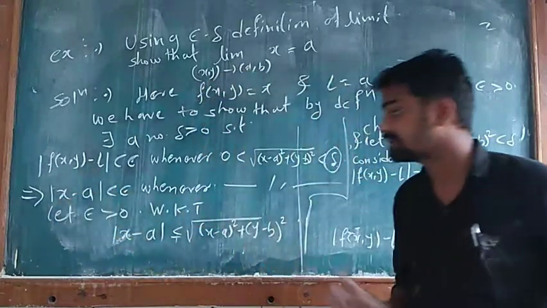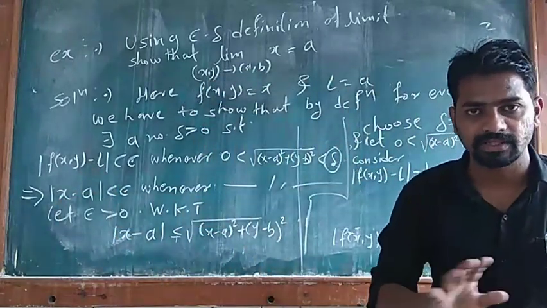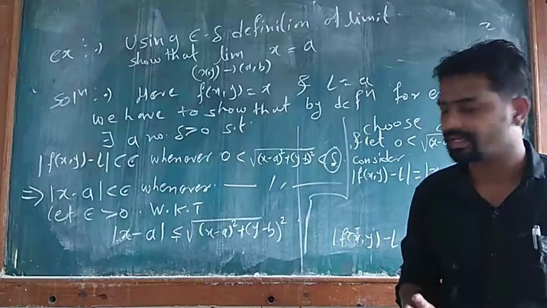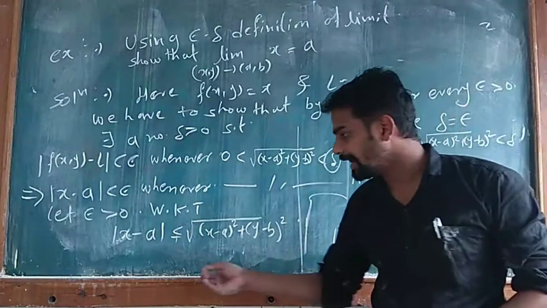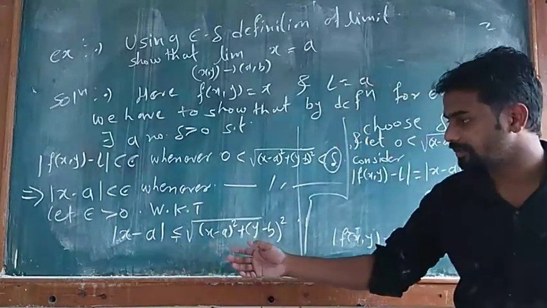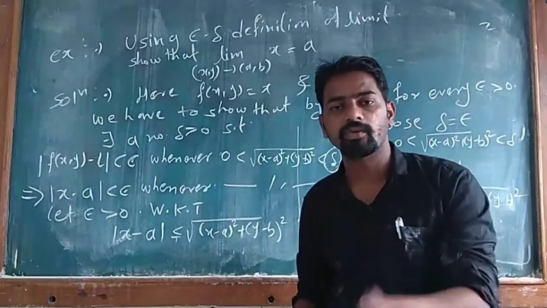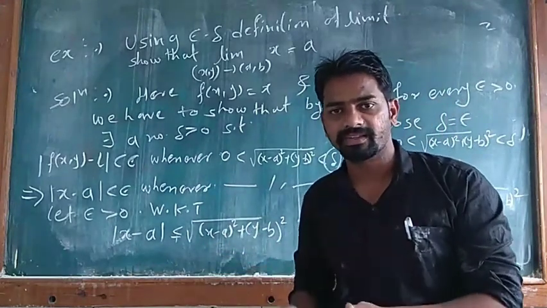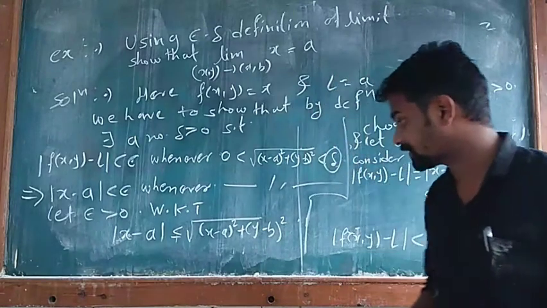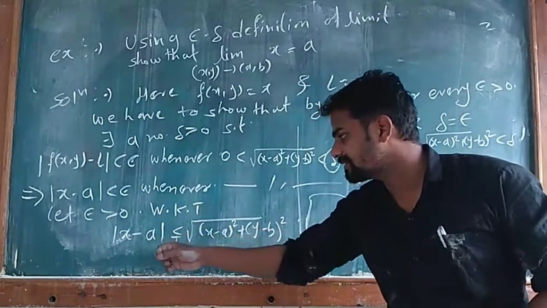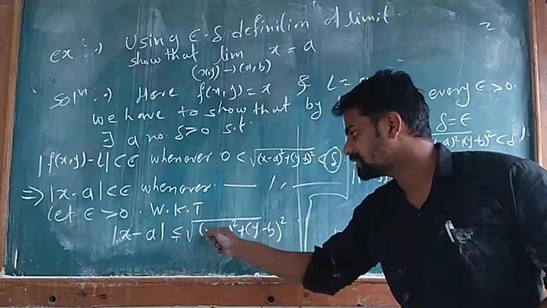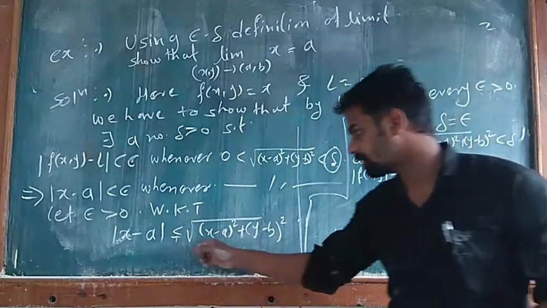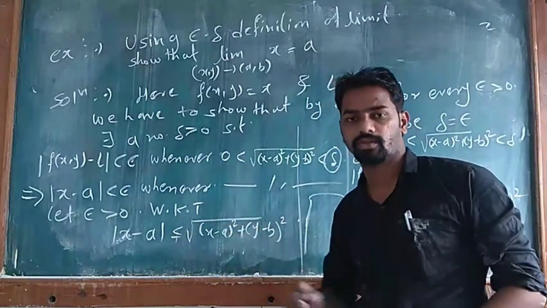We get this equation. Let epsilon greater than 0 be any number, and consider |x − a|. We know that |x − a| is always less than or equal to √((x − a)² + (y − b)²), because |x − a| is equal to the positive square root of (x − a)².